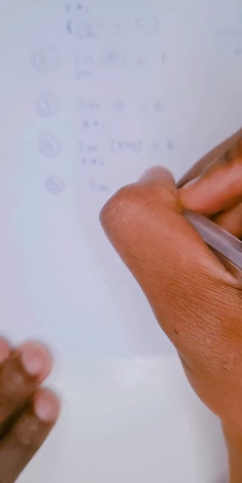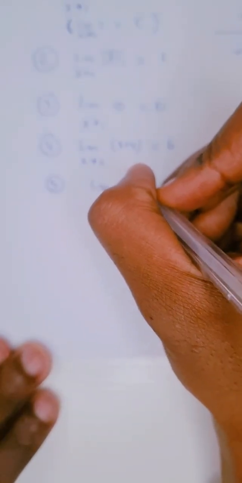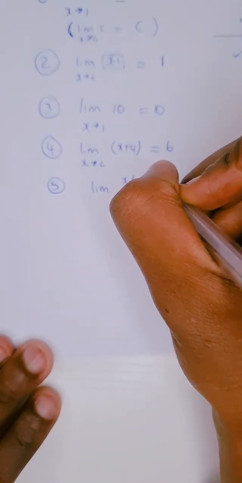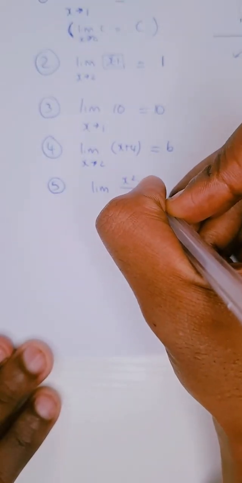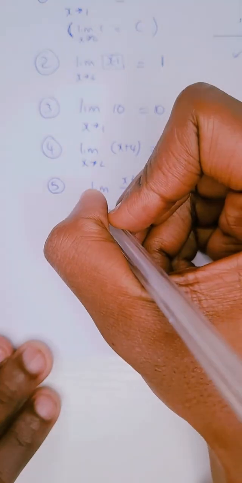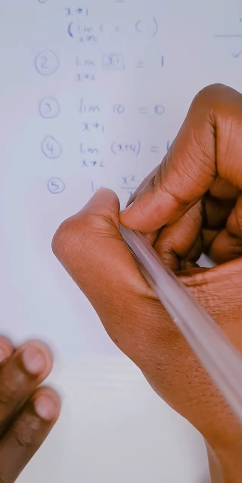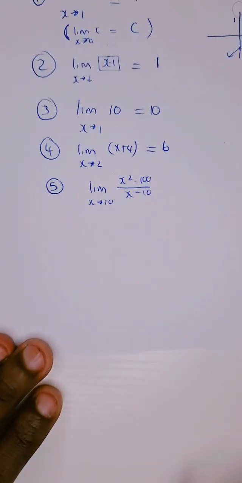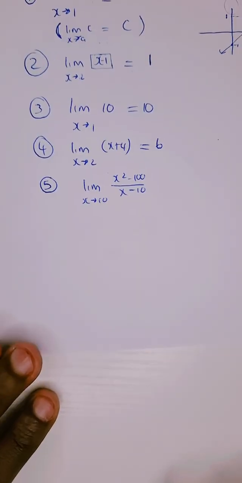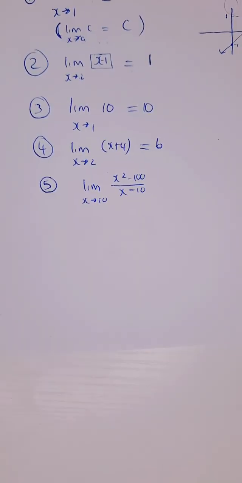The limit of x squared minus 100 over x minus 10 as x approaches 10.